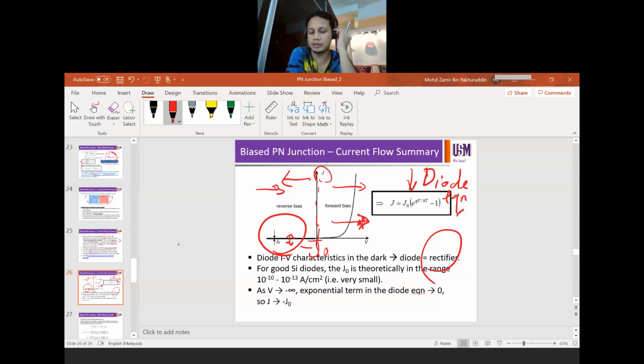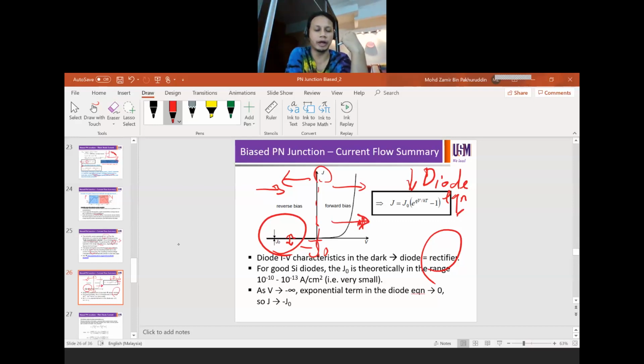However, we notice that we do have J naught, a very small value, typically in the region of 10 to the minus 12 or minus 13 ampere per cm squared, which is very, very small. This is called leakage current or saturation current density, something that you don't want to have in your device, but we have no choice.